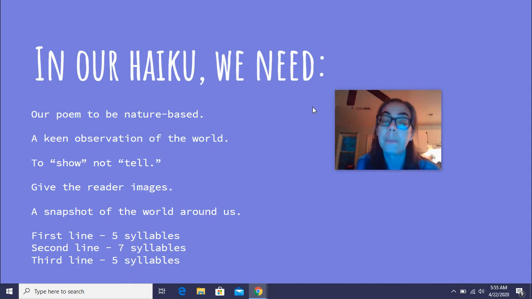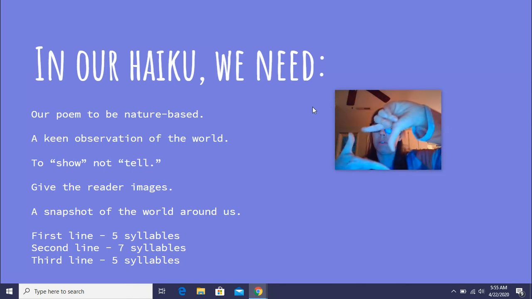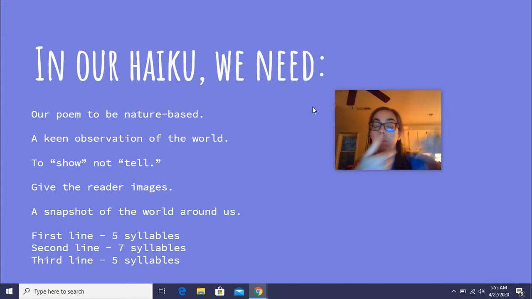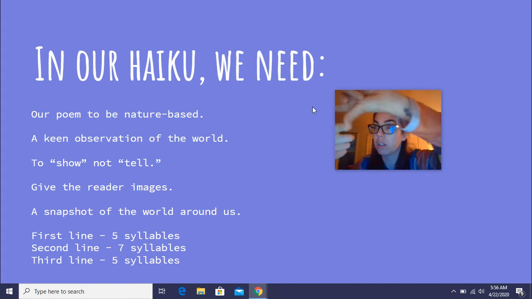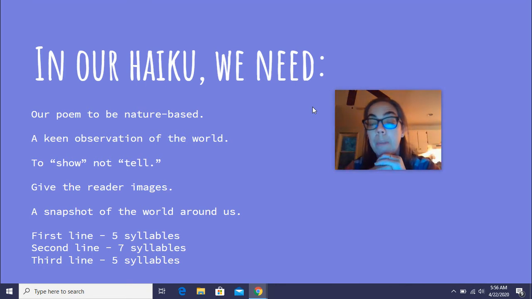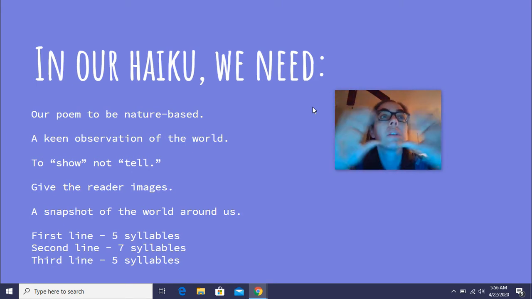I talked about that. One of the things that I thought maybe you could do when you're writing your haiku is go outside and literally do this to a scene. Or you could even make a frame, but you don't have to do all that. But go outside and look around at a tiny section of your back or front yard where you are, looking at a specific thing.